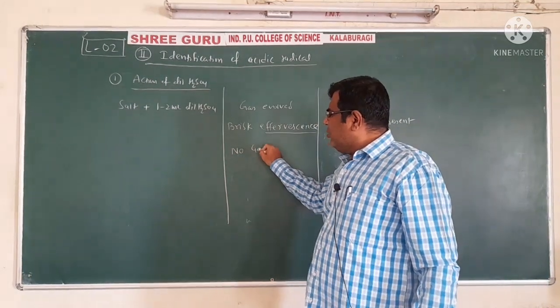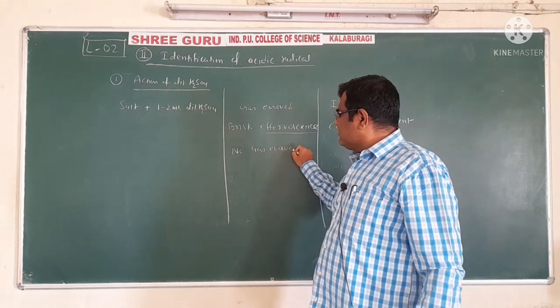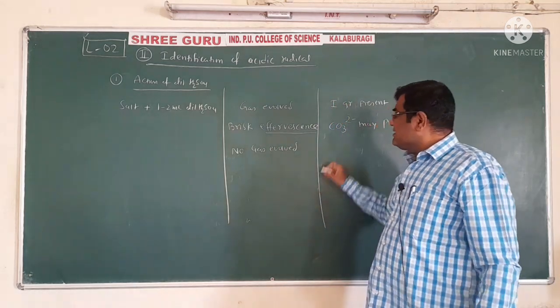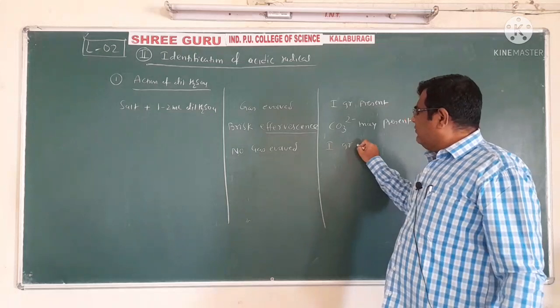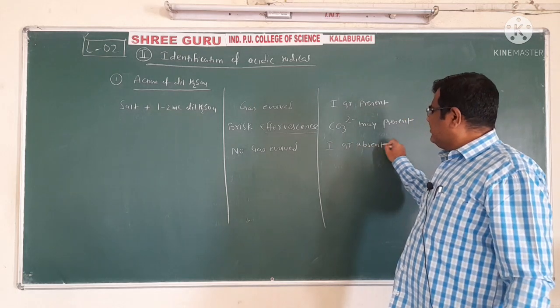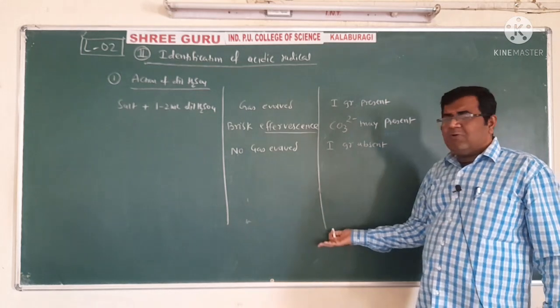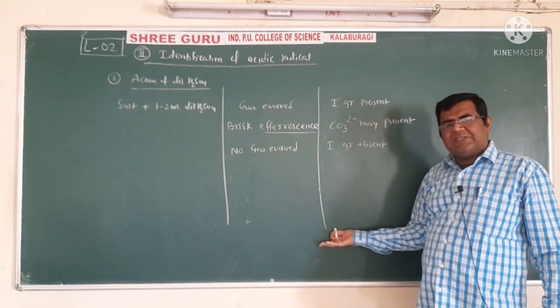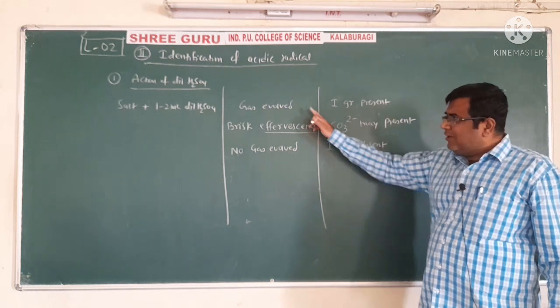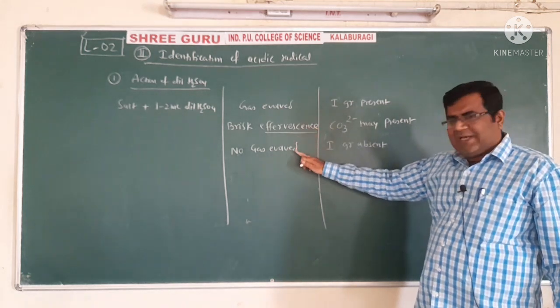Or we can say no gas evolved. If your observation is no gas evolved, you have to write first group is absent. And what happens if the first group is absent? You have to go to the next group. This is a very logical step. So either you have gas evolved or no gas evolved.